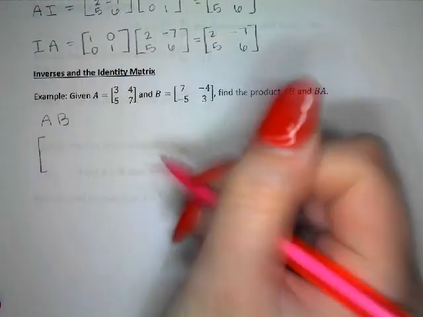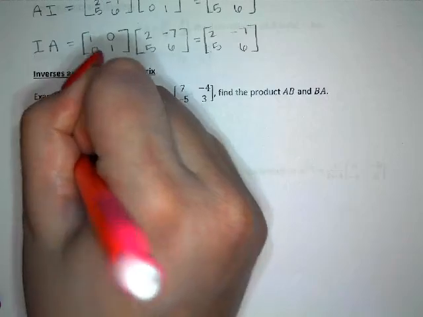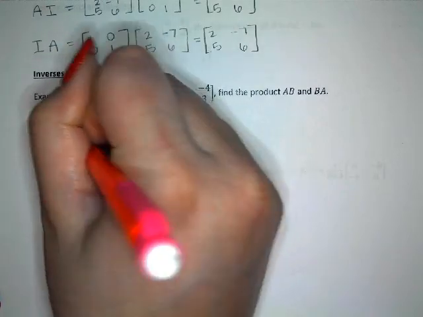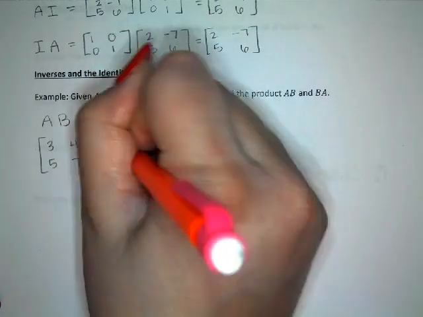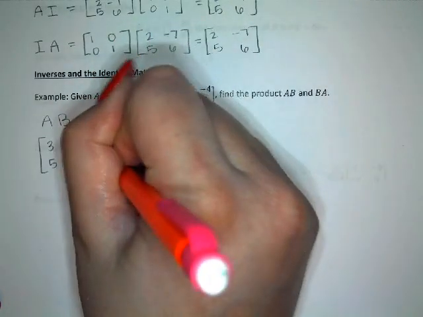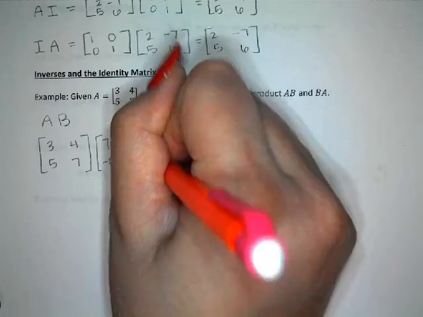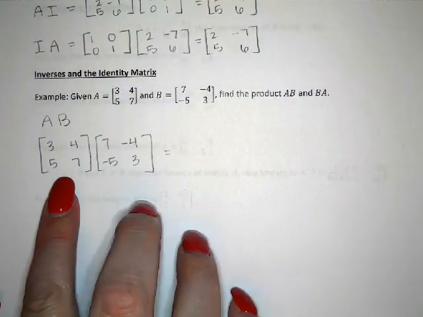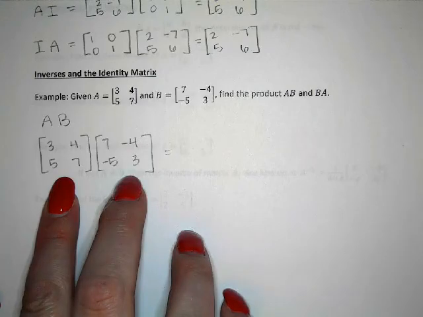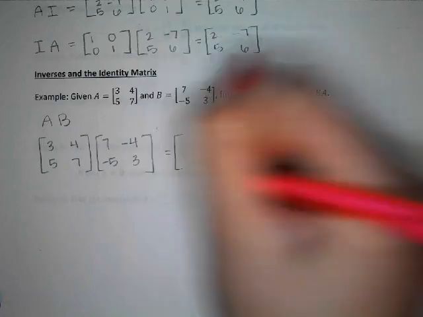So A times B, 3, 4, 5, 7 and 7, -4, -5, 3. So it's a 2 by 2 matrix times a 2 by 2 matrix. So our result is going to be a 2 by 2 matrix.